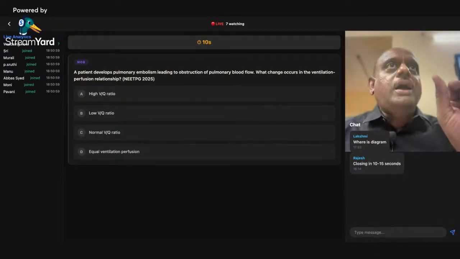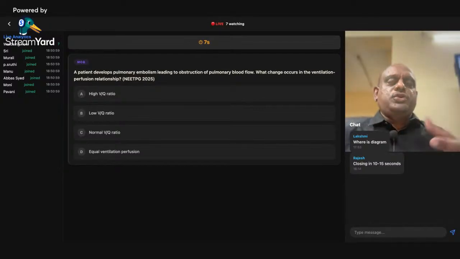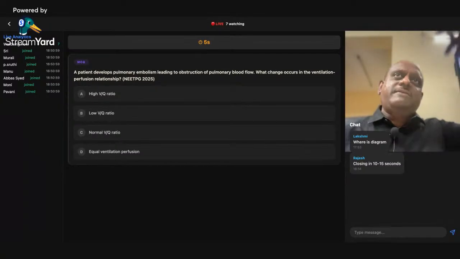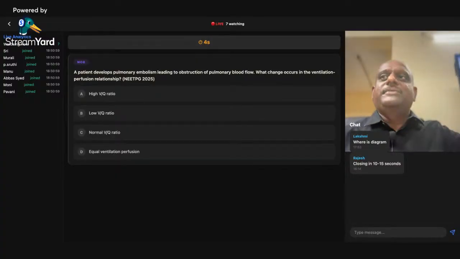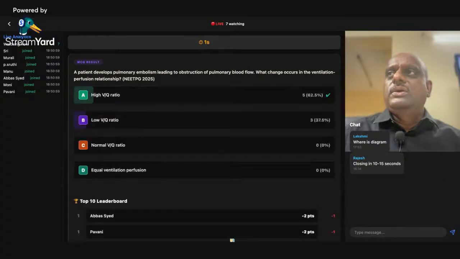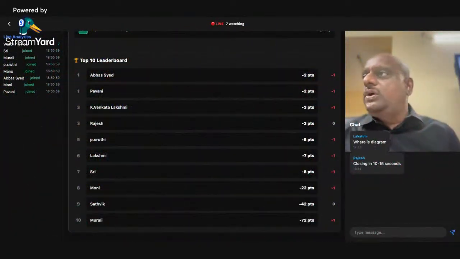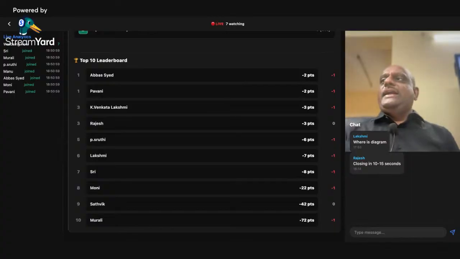If there is any block, pulmonary embolus, perfusion gets affected. So if the denominator decreases, the fraction value increases. So what is your answer? Good. Very good. So 5 of you correctly answered.